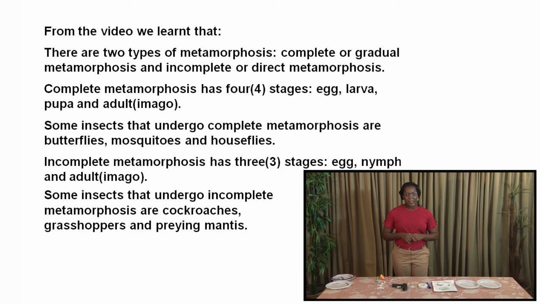Some insects that undergo complete metamorphosis are butterflies, mosquitoes, and houseflies. Incomplete metamorphosis has 3 stages: egg, nymph, and adult or imago. Some insects that undergo incomplete metamorphosis are cockroaches, grasshoppers, and praying mantis.